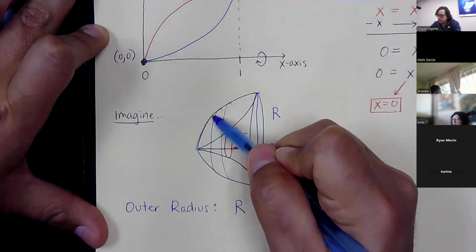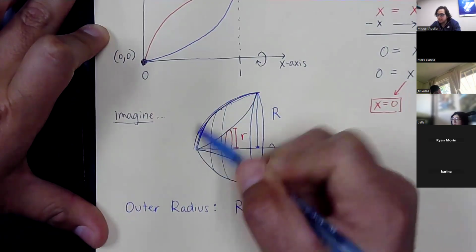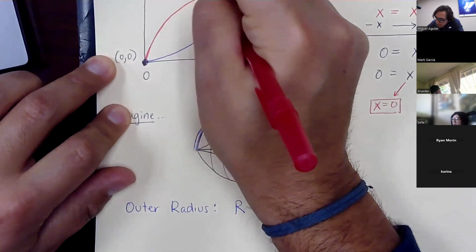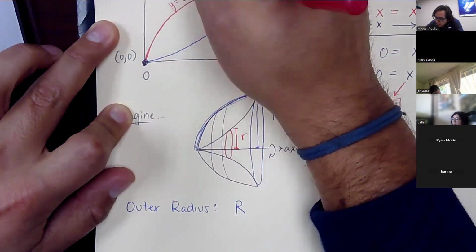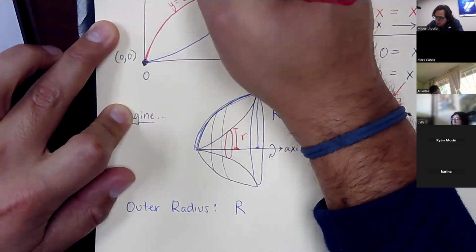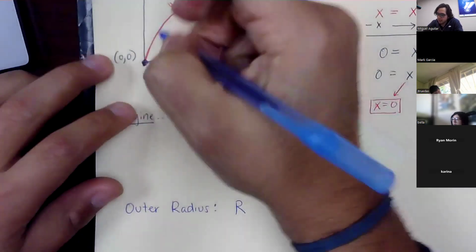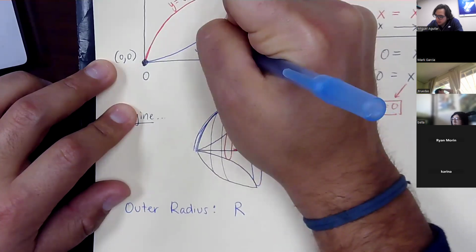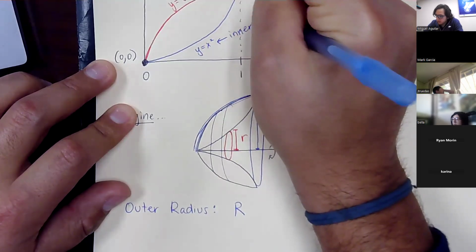What's the function out here on the outside of our image? It's the square root function, right? So that tells us that y equals the square root of x. That's the outer function. And that means that y equals x squared is going to be the inner function.